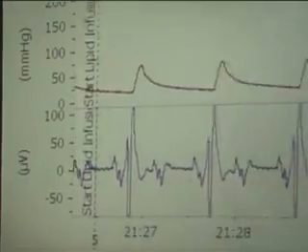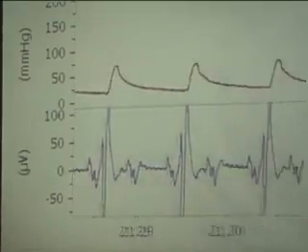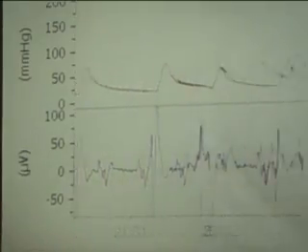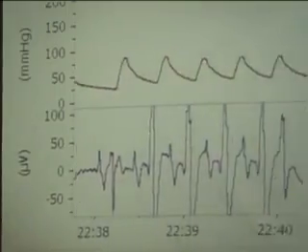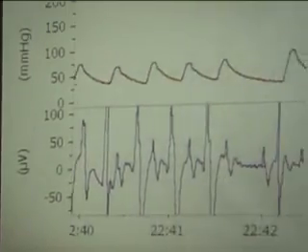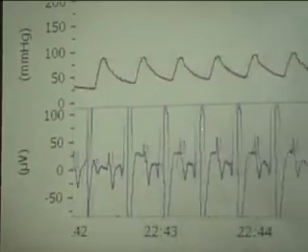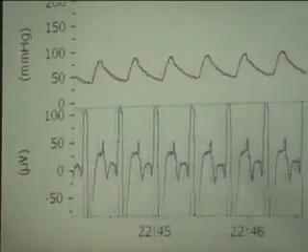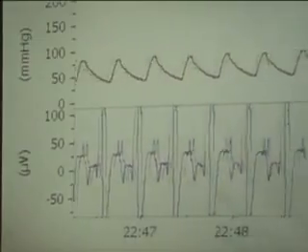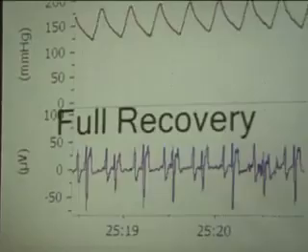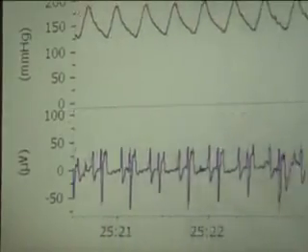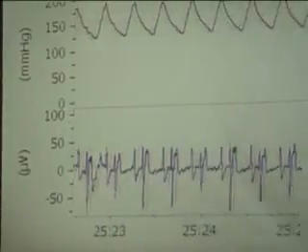An infusion is started, and within minutes, with the lipid therapy, you have a spontaneously beating heart and good blood pressure. So you essentially have full recovery with your lipid rescue therapy.